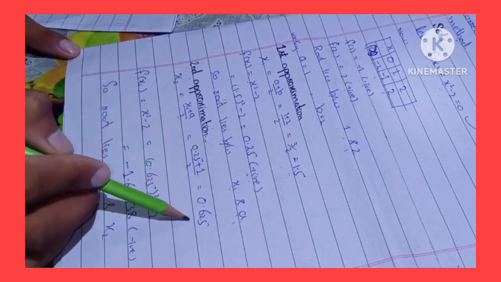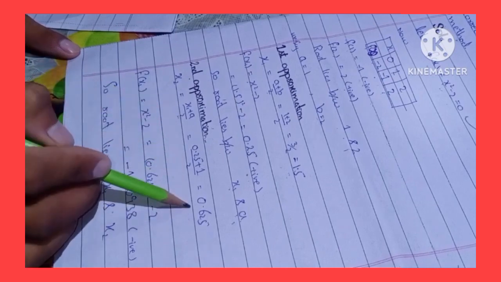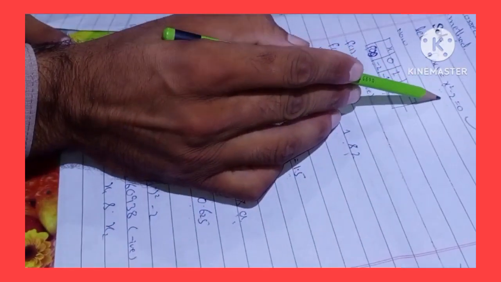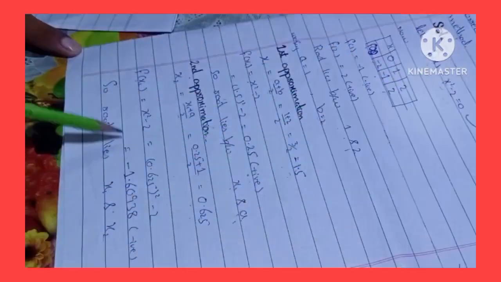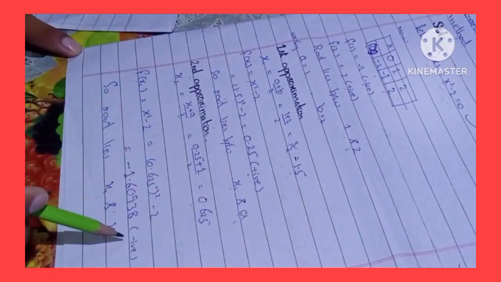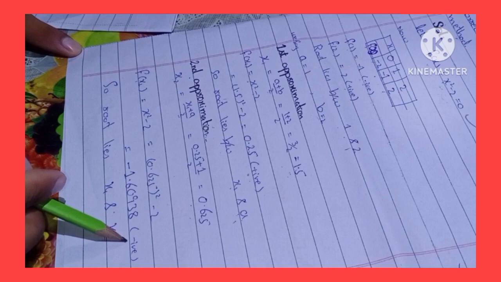Putting these values in and solving, we put x2 into f of x equal to x squared minus 2, and solving it gives a negative value.